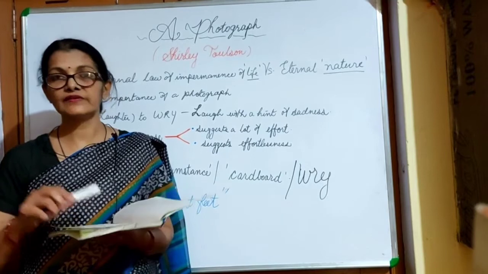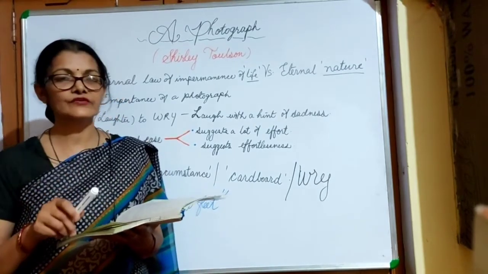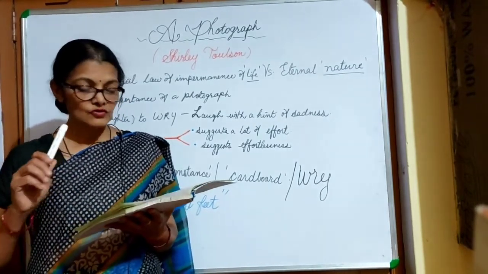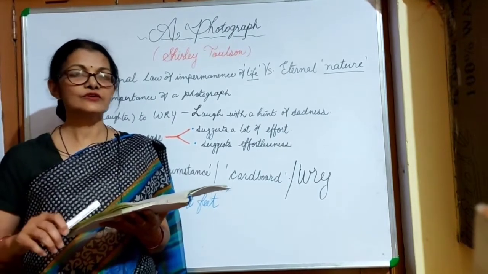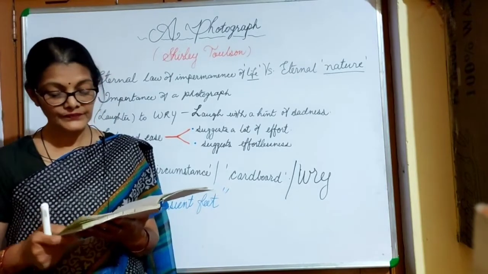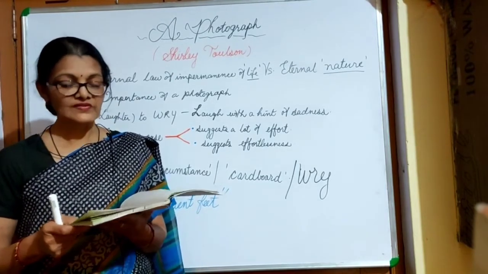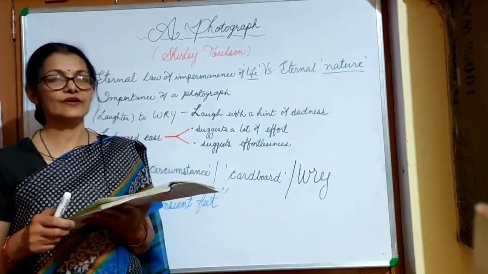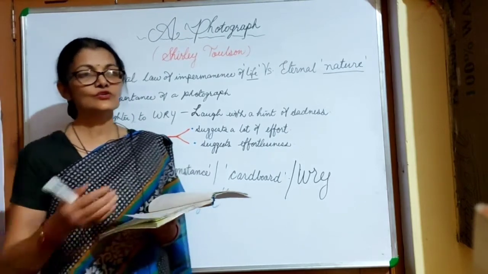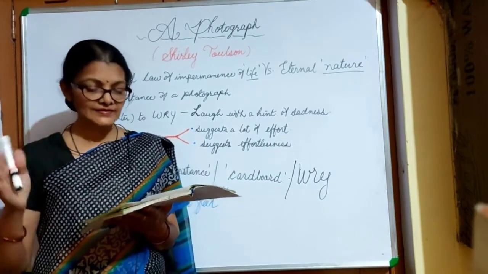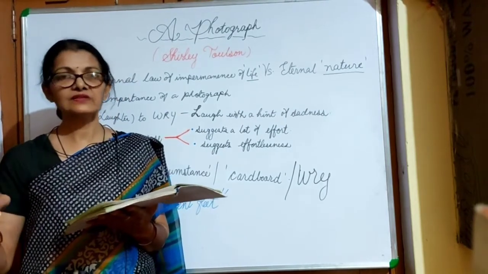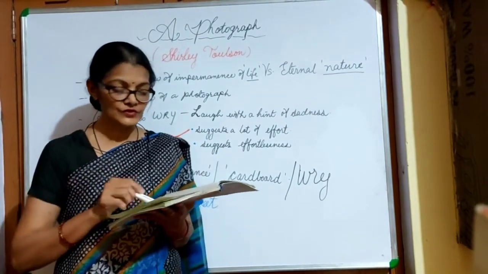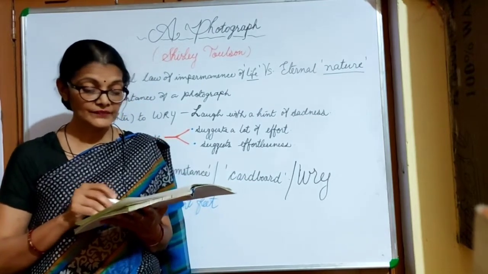Some 20-30 years later. In the first part, she was 12 years old. Now some 20 to 30 years after that, she was sitting with her daughter, that is Shelley, and she laughed at a snapshot. Snapshot is a photograph itself. Now she showed the photo to her daughter and says, see, Betty and Dolly, meaning the cousin sisters, whose names were Betty and Dolly. So she was telling, look at them.